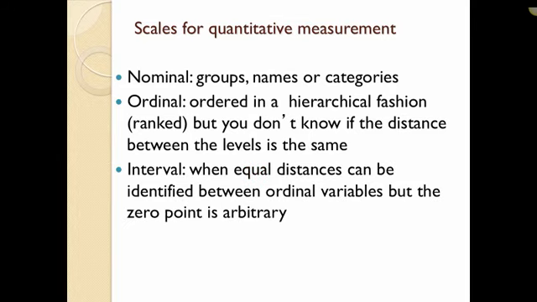An interval scale, however, in this case, the distance between any two values does have meaning. So a good example is maybe the GRE or the SAT. So a GRE score of maybe 300 compared to a GRE score of 400, that distance of 100 points is the same as if you have a GRE score of 700 compared to a GRE score of 800.